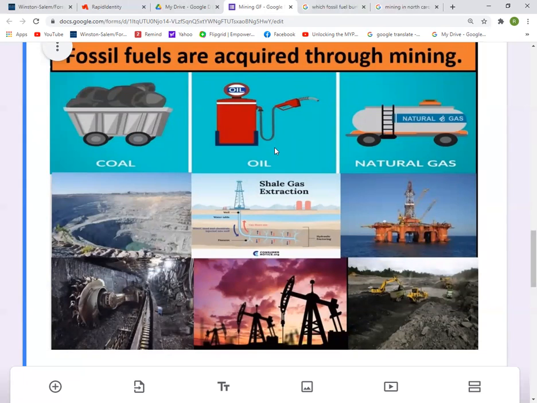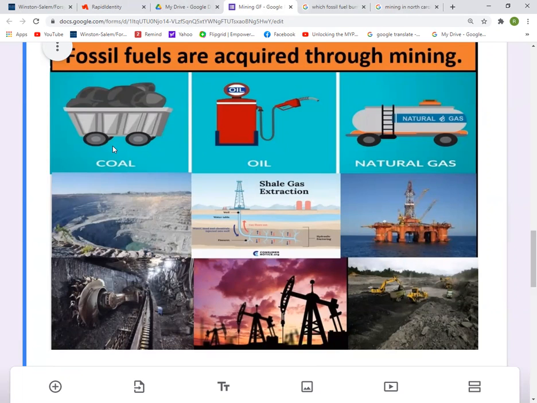The other type of fossil fuel is oil, and usually oil is acquired through this process, while natural gas is acquired through fracking. This is what we call shale gas extraction. So these pictures here show you the different types of mining method, and the top pictures show you the different common types of fossil fuels, which are coal, oil, and natural gas.